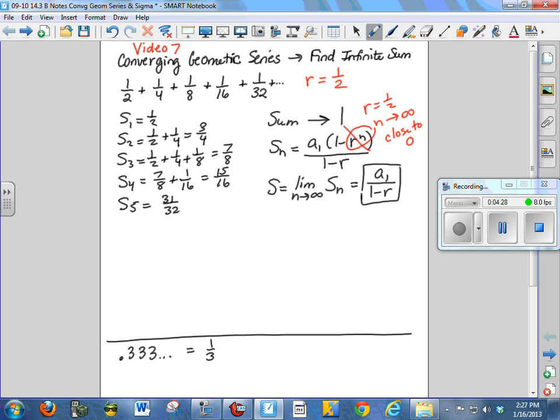So in our example, a sub 1 is 1/2, and r is 1/2 in this situation. So S equals the limit as n goes to infinity of S sub n, and that equals 1/2 over 1 minus 1/2, which is 1/2 over 1/2, which equals 1.